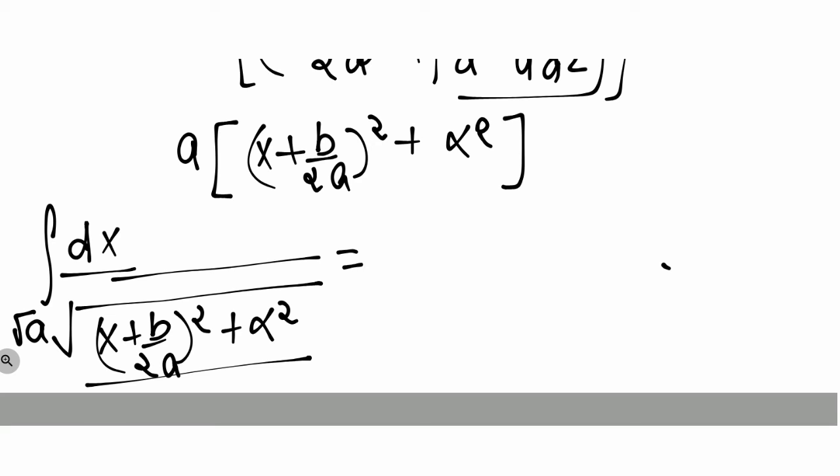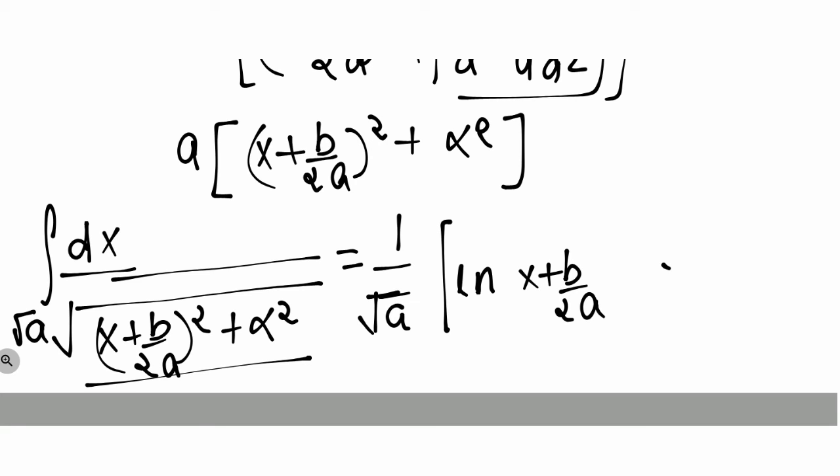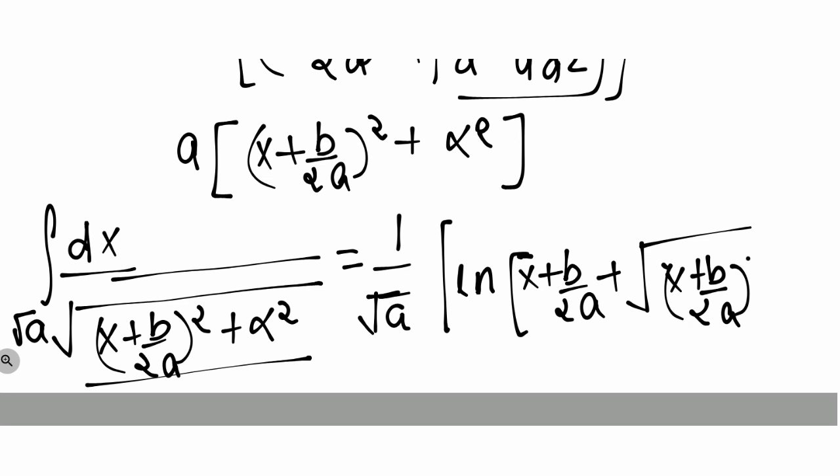So this integration would be 1 by root a outside, and this would be ln of x plus b by 2a plus root under x plus b by 2a whole square plus alpha square plus c.